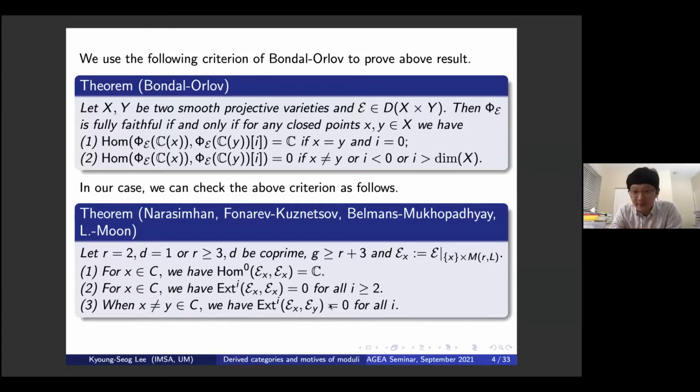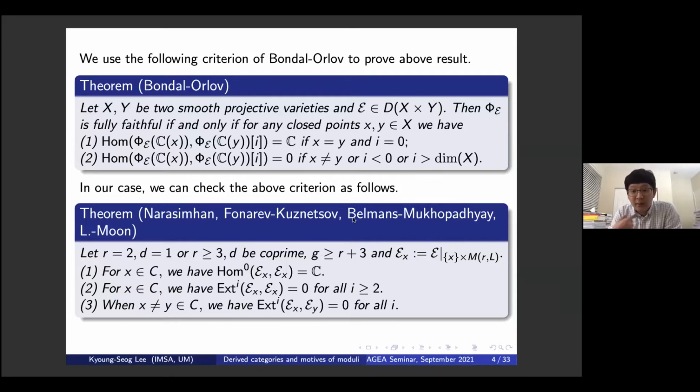And there are various techniques to prove this cohomology. For example, as I told you, Narasimhan used the Hecke correspondence, and Fonarev and Kuznetsov use an explicit description of the moduli space by this description of Bertram, Desale and Ramanan to compute this one.